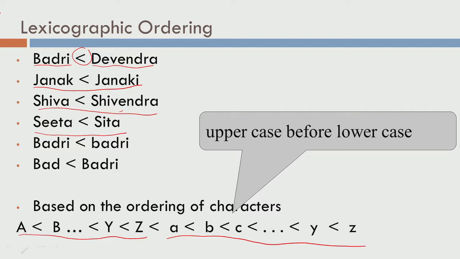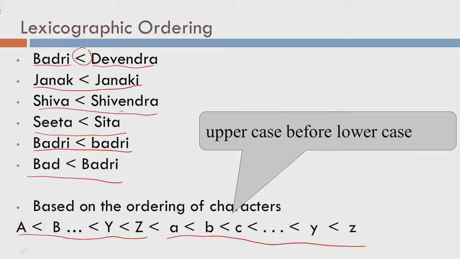But capital Z is less than lowercase a. Because of that, if I look at this example, capital B Badri is less than small case b Badri. In dictionaries you do not really make a distinction between uppercase and lowercase, but in programming strings can be different. Lowercase could be different from uppercase, so we have to be careful about that.